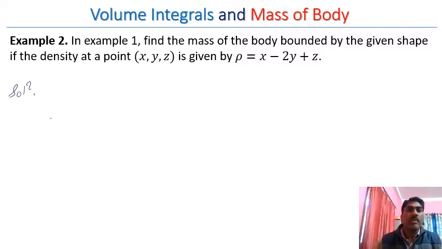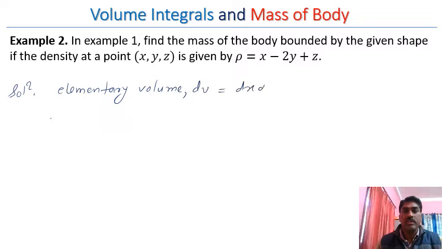So what you have to do is, if we have an elementary volume dv is equal to dx, dy and dz, its mass of elementary volume is rho dv, means rho dx, dy and dz.